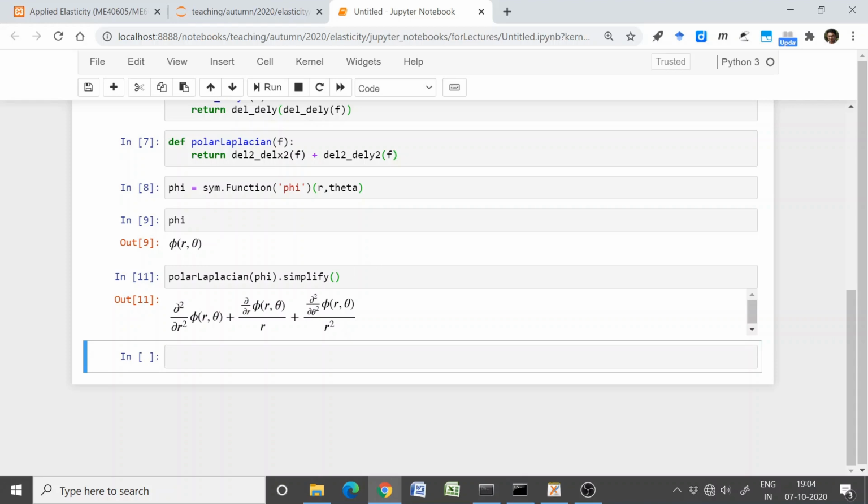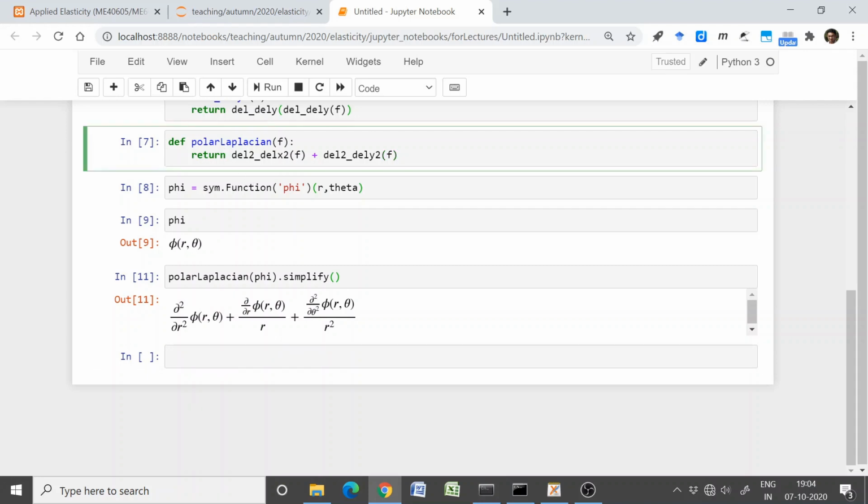Now we have done this by additionally topping up the polar Laplacian operator operating on phi with this extra simplify command. Because we have done this, why not more wisely go back to the definition of the polar Laplacian itself and embed the simplify command within that, so that every time we invoke the polar Laplacian operator, we don't have to additionally write simplify.